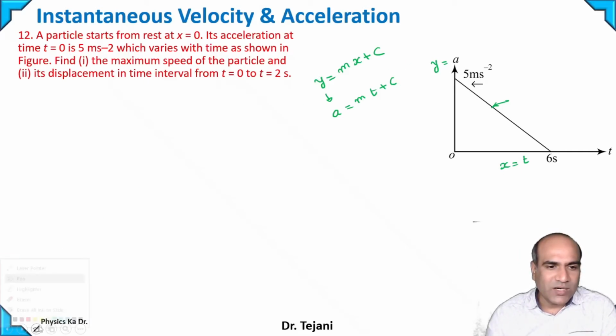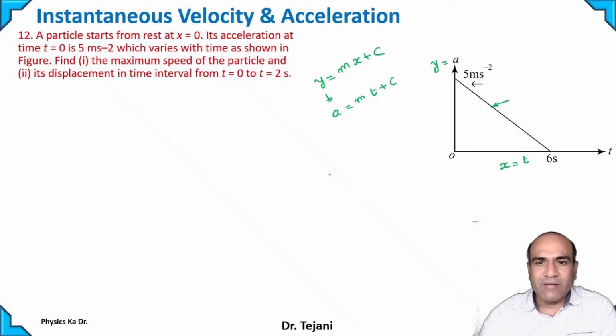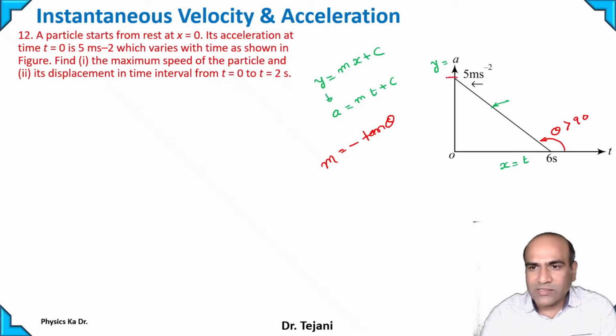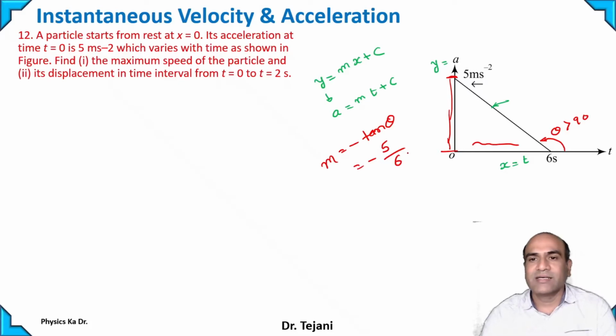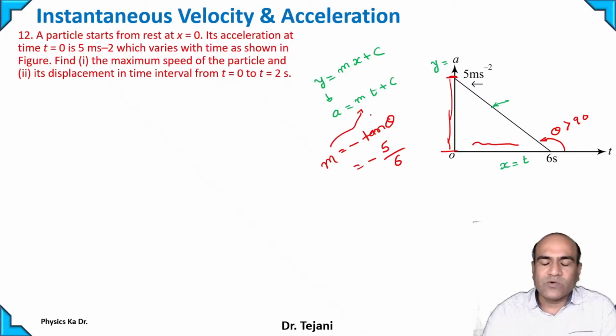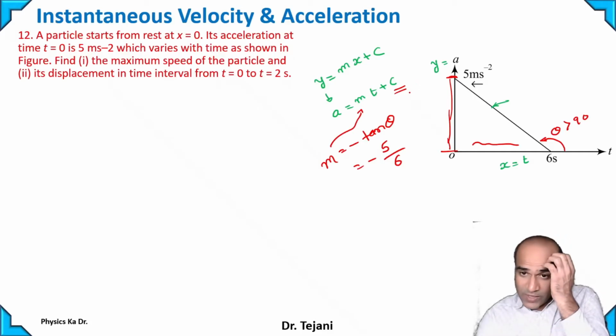Then what next? For m, here the angle theta is greater than 90 degrees. That means it's a negative tan theta, and we know tan theta is the perpendicular side, so minus 5, divided by the nearer side, 6. So m is equal to minus 5 by 6. And what about c?